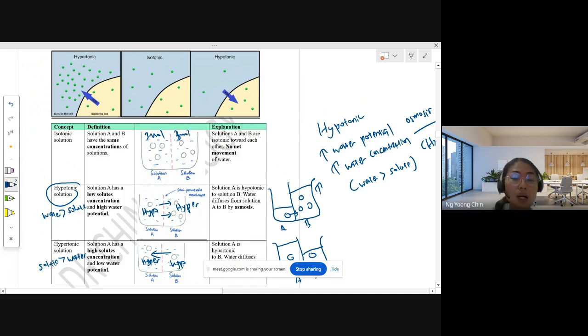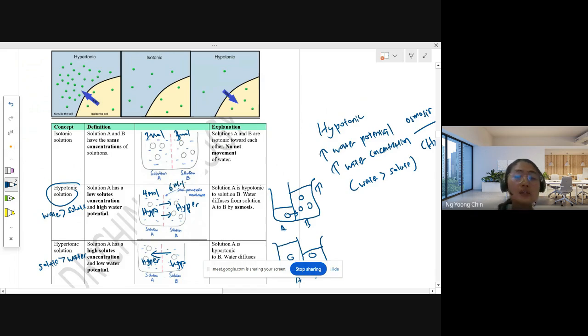Okay. So how about the hypotonic solution? Hypotonic solution always has a lower molarity compared to solution B. For example, the hypotonic solution has about maybe four, and solution B has about six molarity.